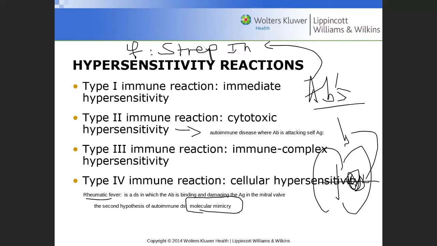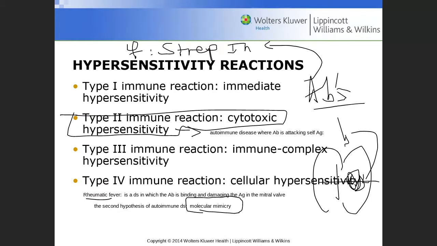So many people think that with other autoimmune diseases, what really triggers it is probably some infectious particle. Okay, so that's the second cause, molecular mimicry, and if it is the antibody binding to self-antigen, then it is type 2 hypersensitivity. Okay.